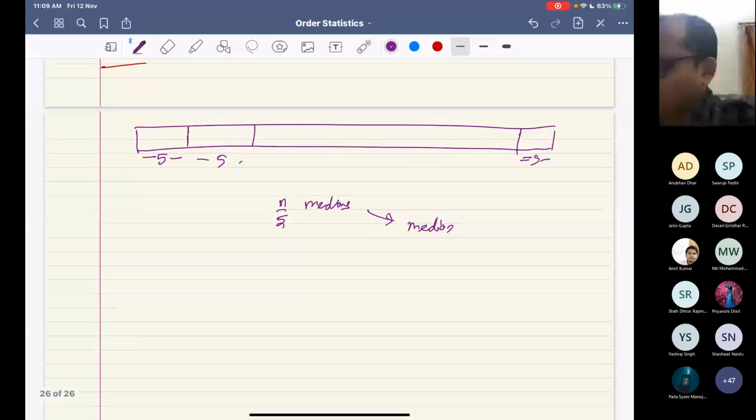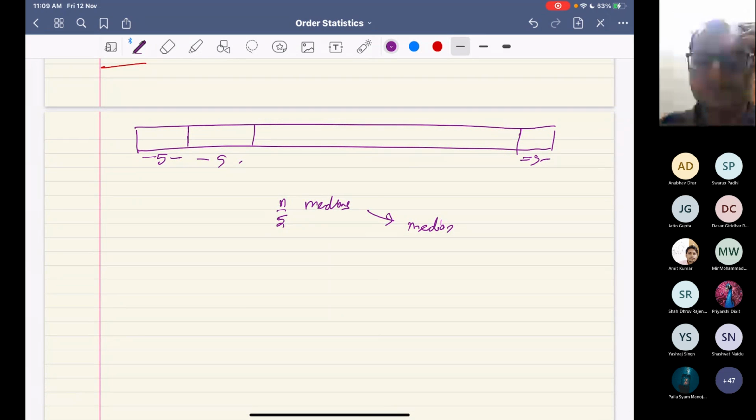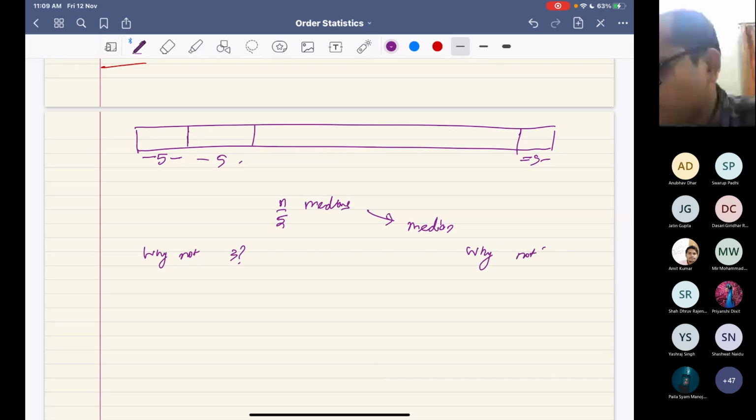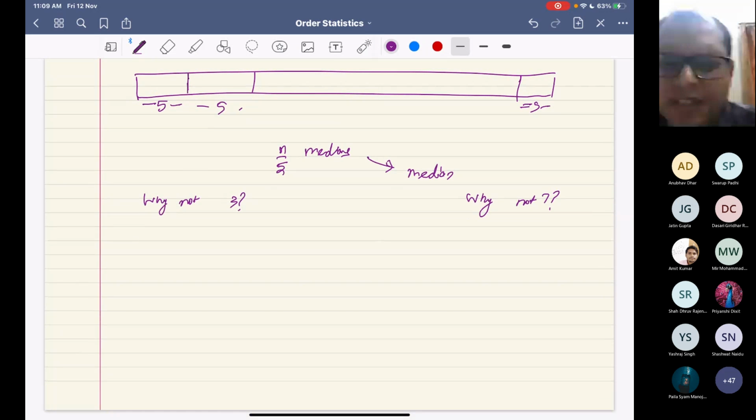What is something special about 5? Why can't we do with 3? Or why not 7? That was a question yesterday. Let's try with 3.